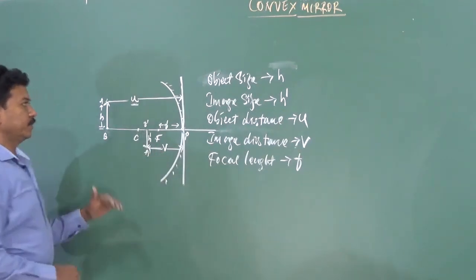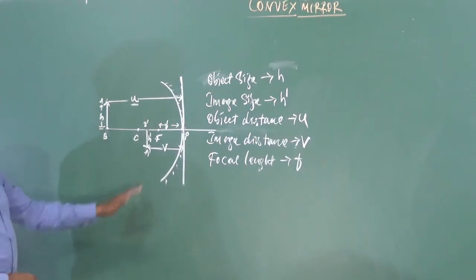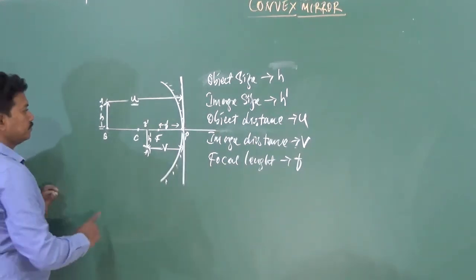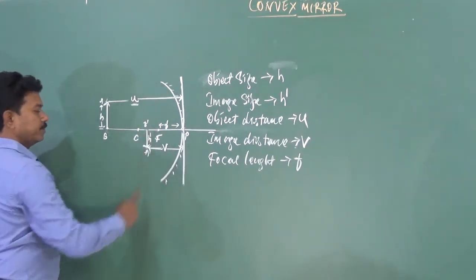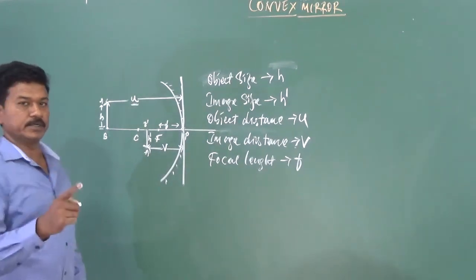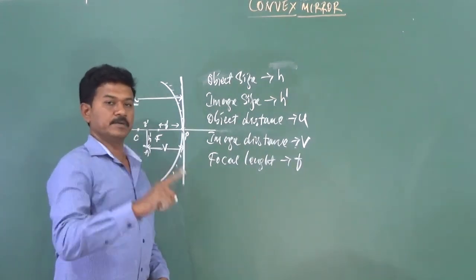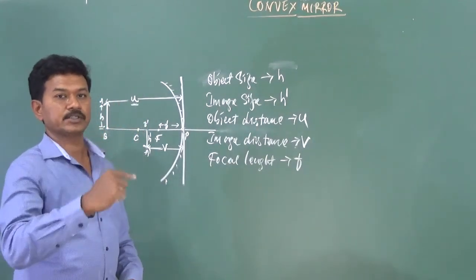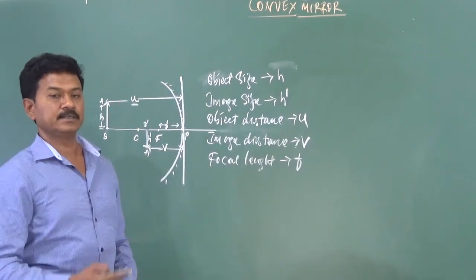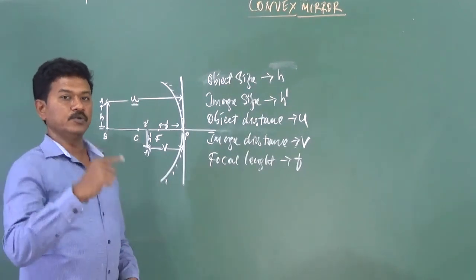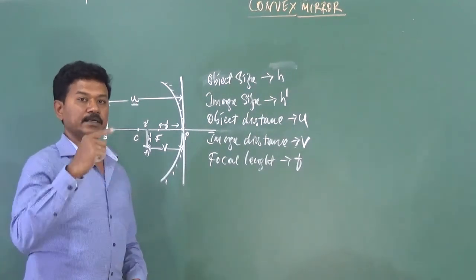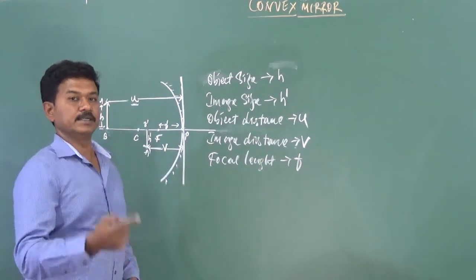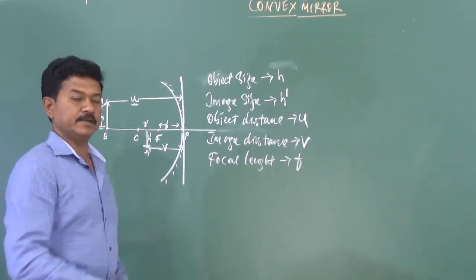So here we have to go with some sign conventions. Whatever we measure from the pole of the mirror, if that measurement is against the direction of the incident light rays, then it will be taken as negative.